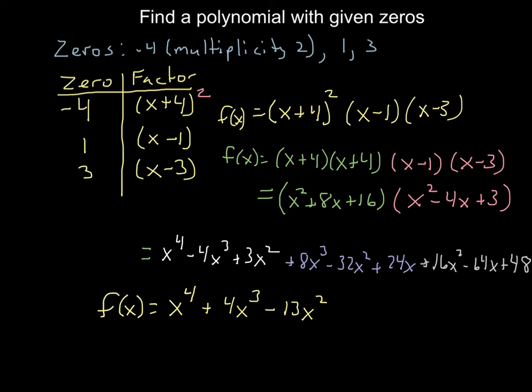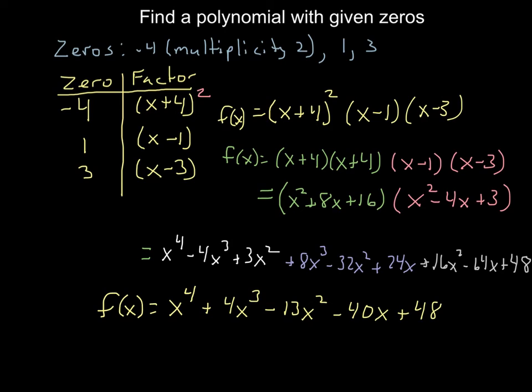And now I have my 24x minus 64x, so it's minus 40x, and then plus 48. So this is one polynomial that has 4 zeros, where negative 4 is a zero with a multiplicity of 2, and 1 and 3 are also zeros. So I get this polynomial right there as the answer to this problem.